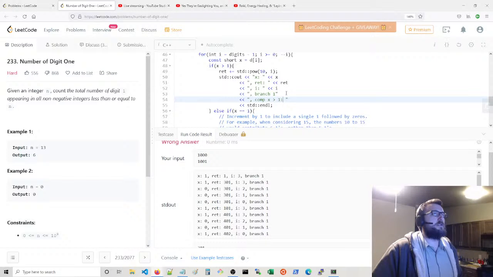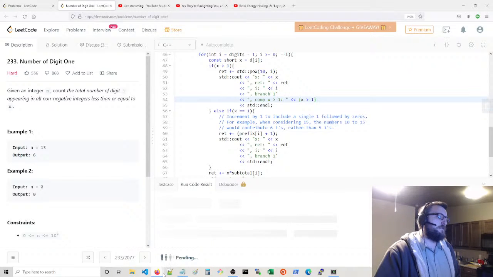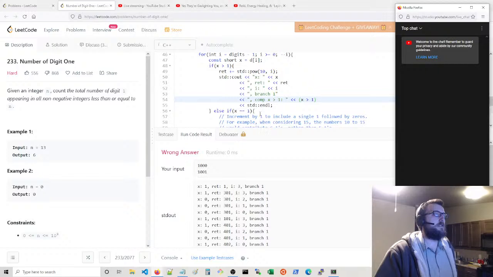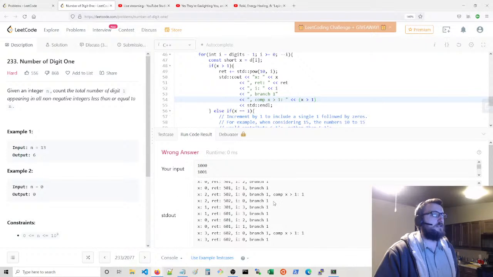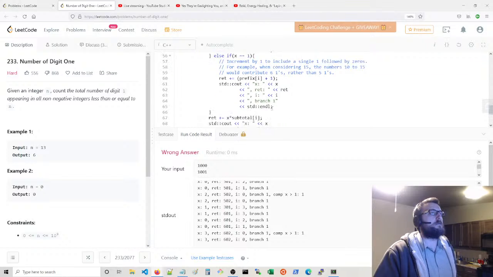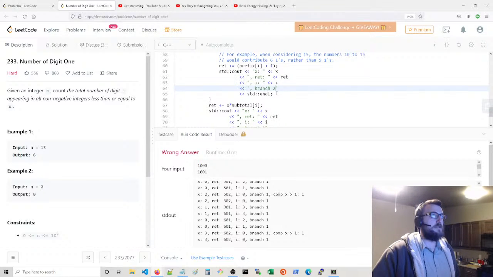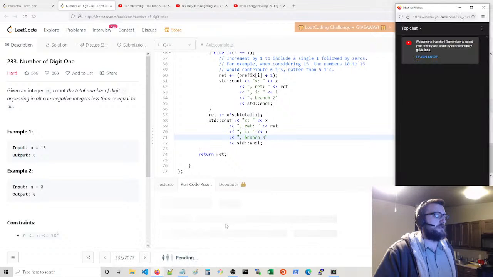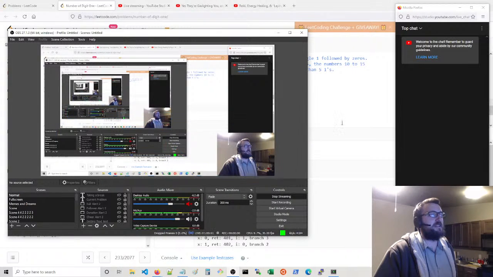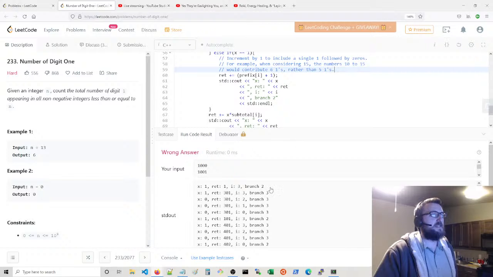Compare x greater than 1. What is going on there? Oh, that's bizarre. Oh, I'm sorry. I mislabeled these. I forgot to change the labels. That's my mistake. I was wondering, like, have integers stopped working the way I thought they do?